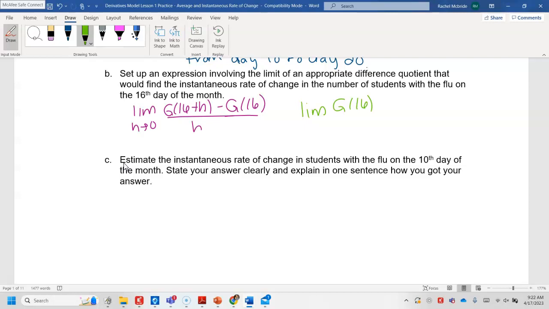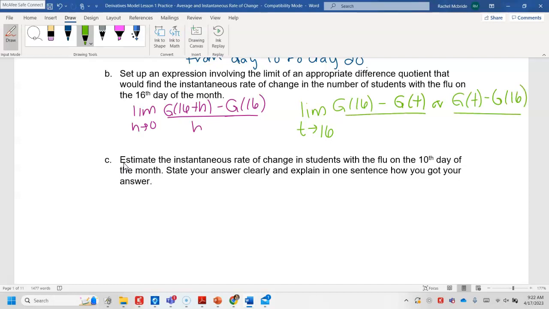So you're finding the limit, and in this case it's t. So it'd be the limit as t approaches 16 of g of 16 minus g of t, or you could have written g of t minus g of 16.